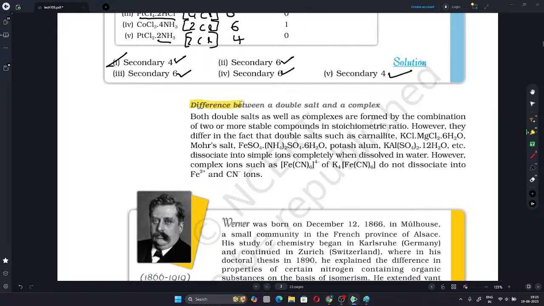Difference between a double salt and a complex. Both double salts as well as complexes are formed by the combination of two or more stable compounds in a stoichiometric ratio.